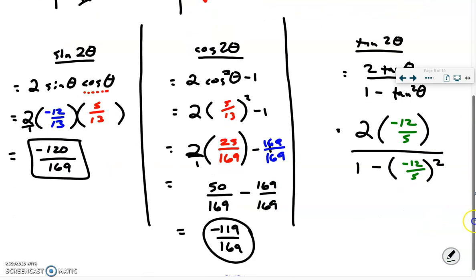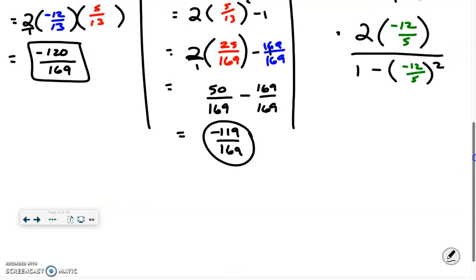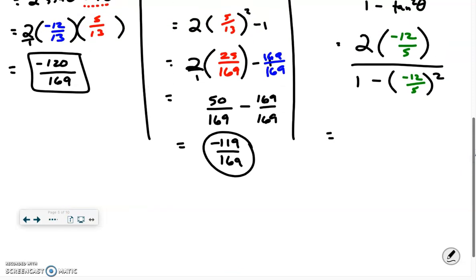All right, so as we continue on here, as I clean up, let's go with the numerator here to start. Remember that 2 is really over 1. As I multiply in the numerator, we're going to switch this up and go red for the numerator. If I multiply straight across, that's going to give me negative 24/5 in the numerator.